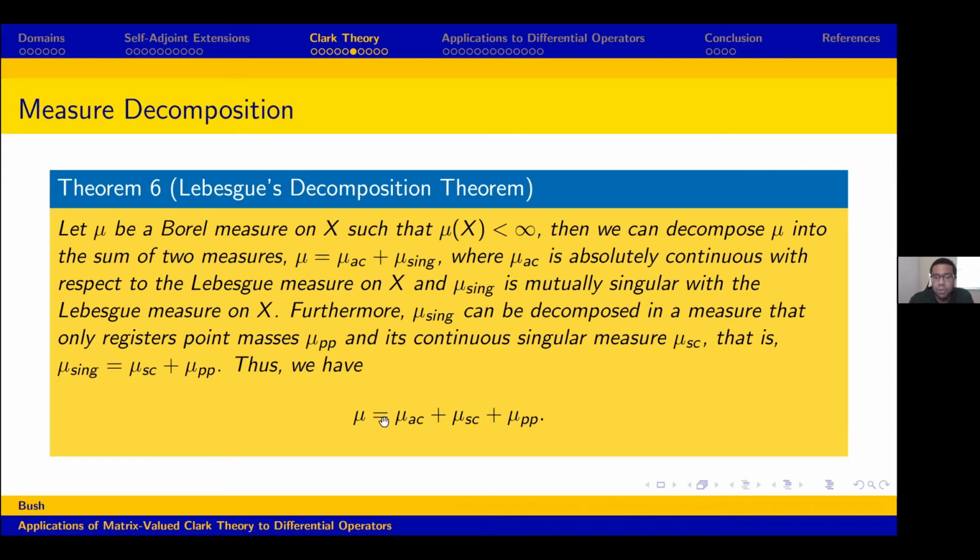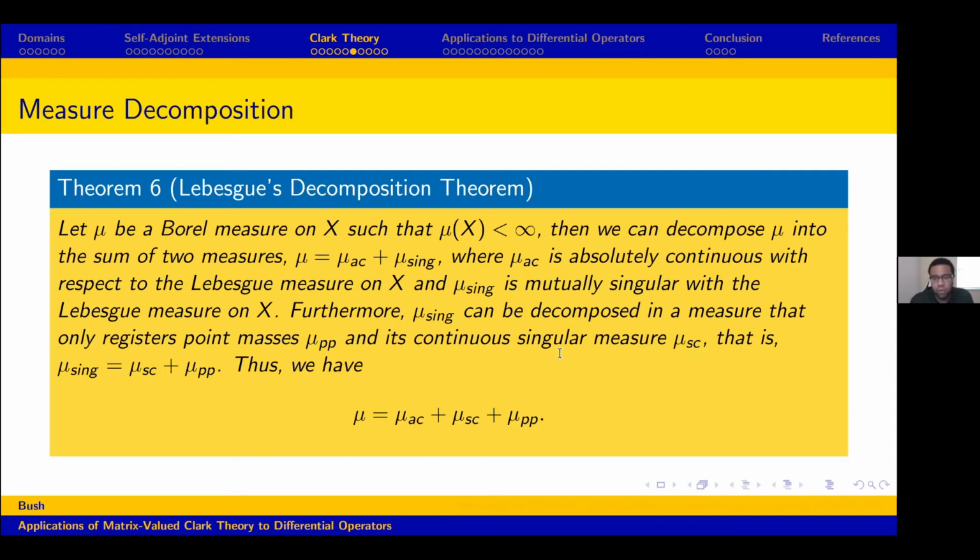The measure mu is equal to mu AC, which is absolutely continuous with respect to the Lebesgue measure, plus mu SC, that is singular with respect to Lebesgue measure and not point masses, and then you get the point masses. And yeah, so there's that decomposition.